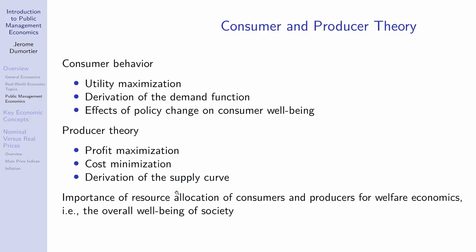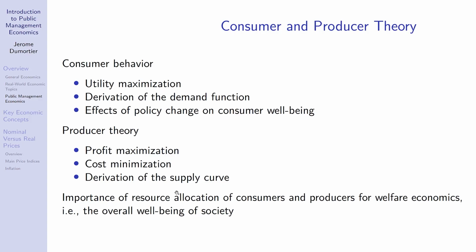Producer theory is the counterpart to consumer theory, focusing on profit maximization, or sometimes cost minimization, and the derivation of supply curves. Both consumer and producer theory are central to welfare economics, because they show how resource allocation by individuals and firms influence the overall welfare of society.